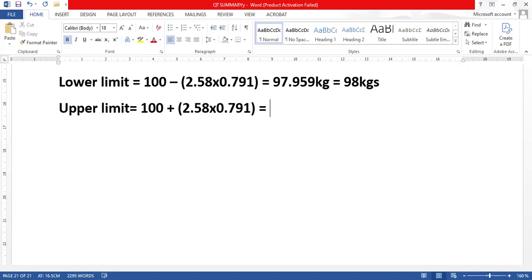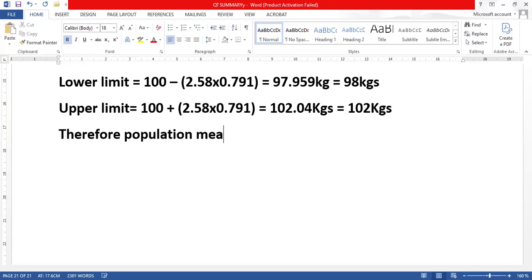102.04 kgs, which is approximately equal to 102 kgs. So you can say, therefore, the population mean interval.